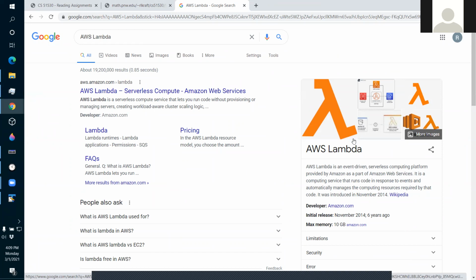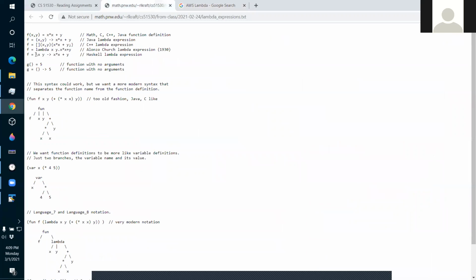And Haskell took this part of the lambda, which to them is a slash. So there's lambda xy, and they write slash xy. Then an arrow. This is the input part of the function, and it sends it to that output result. Haskell uses an arrow. Java uses an arrow.